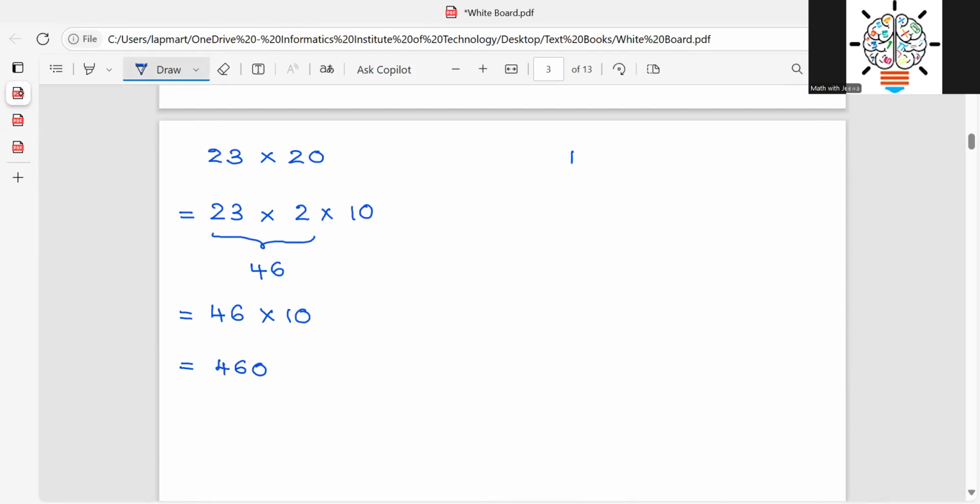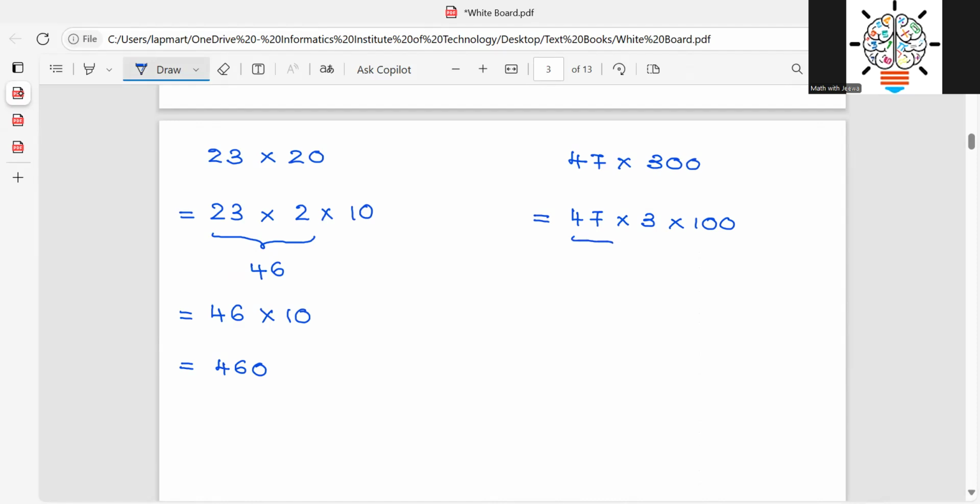Another one I'll take. Let's say you have 47 multiplied by 300, let's say. So how I'm going to do? 47 multiplied by 3 multiplied by 100, right? So then when I multiply 47 by 3, it gives me, right?